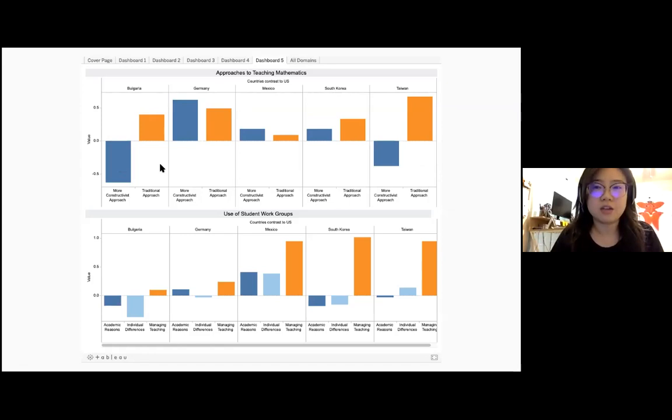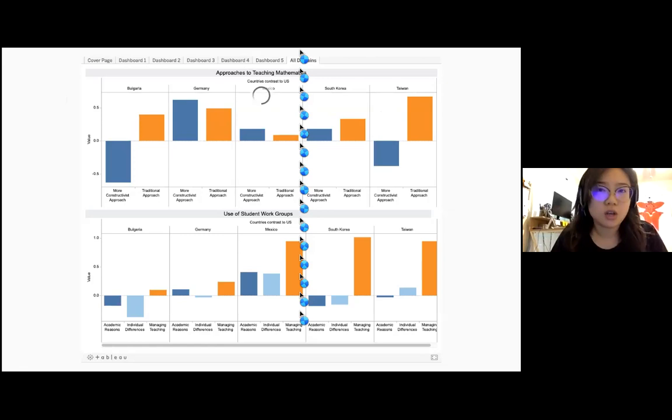However, in some countries, it seems they're really focusing more on the traditional lecture approach, such as Taiwan and Bulgaria. But again, keep in mind, as Genéa was saying earlier, this data set was collected more than 10 years ago. With different policies and changes, their belief systems and teaching approaches might have changed drastically from what they look like nowadays.